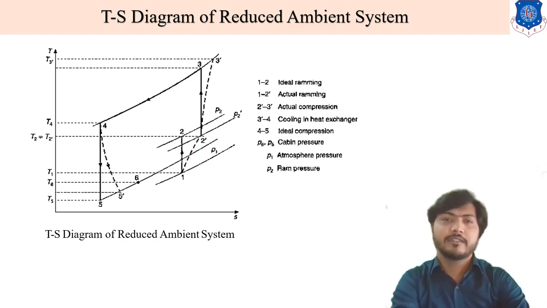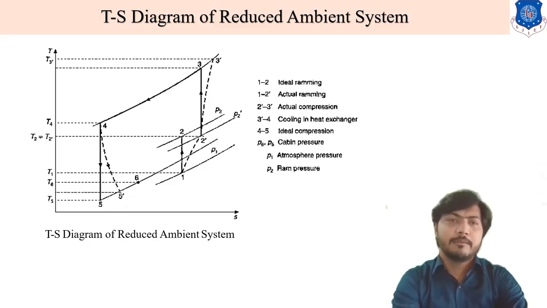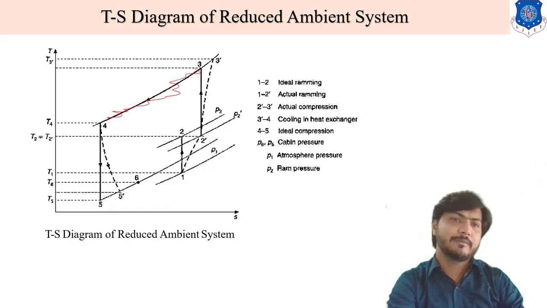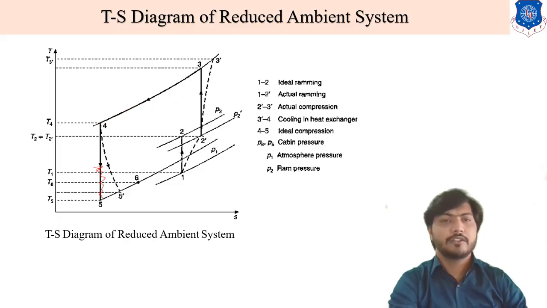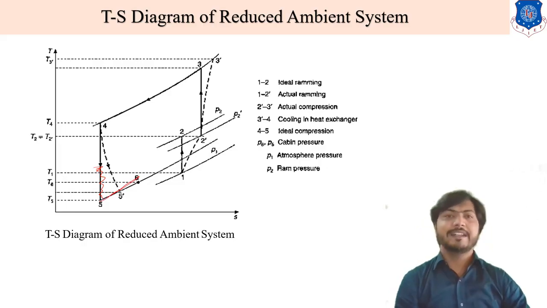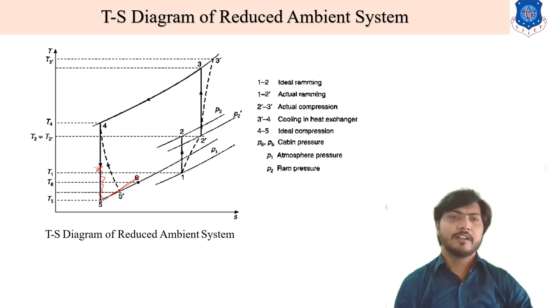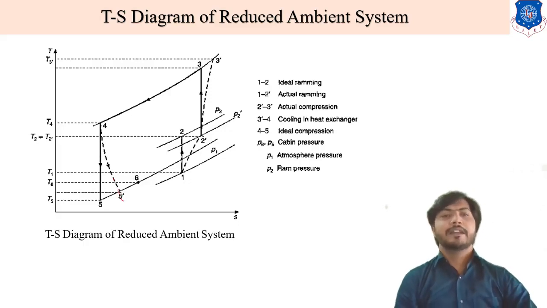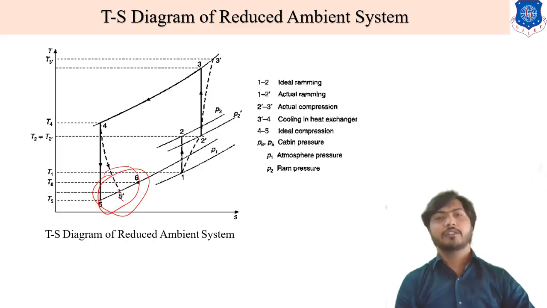Similarly, 2' to 3 is the ideal compression and 2' to 3' is the actual compression in the main compressor, and 3 to 4 is the heat exchanger process. 4 to 5 is the cooling turbine where temperature and pressure drop due to expansion. 5 to 6 is our cabin, but irreversibilities are there, that is 4 to 5', that's why it is denoted by the dotted line. And 5 to 6 is our refrigeration effect or desired effect.